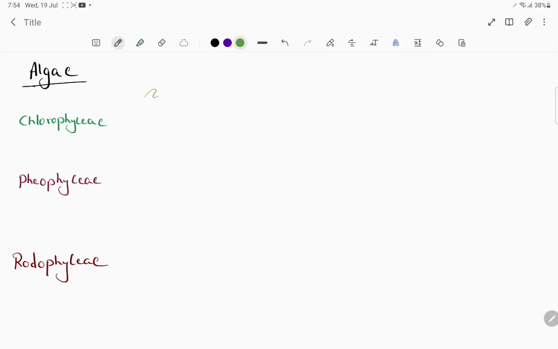Habit: mostly freshwater. That means rarely it will be found in brackish and sea water or marine water. And next, pigments: chlorophyll A and B and beta carotenoids.